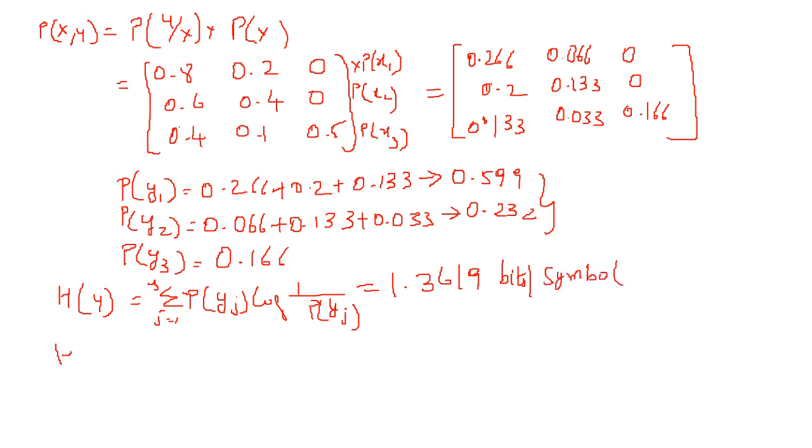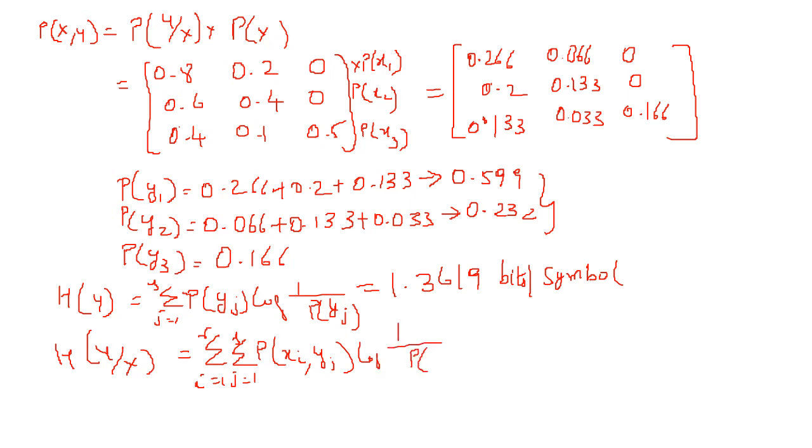Next, H of Y by X by the formula is the double summation, i varying from 1 to r and j varying from 1 to s, of P of xi comma yj into log of 1 by P of yj by xi. Here we know the joint probability matrix.